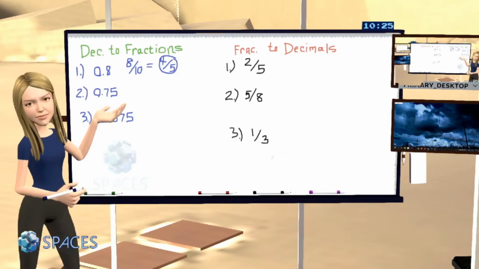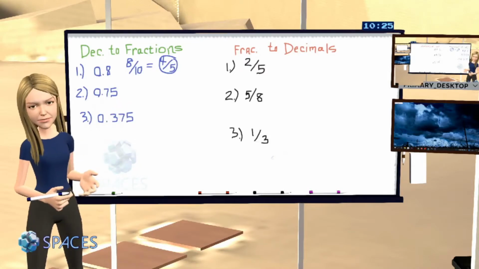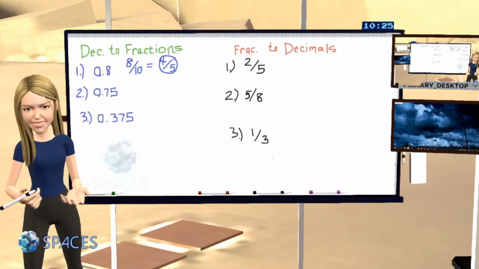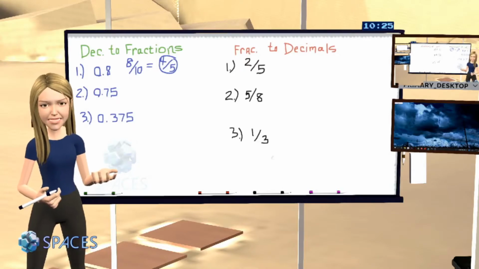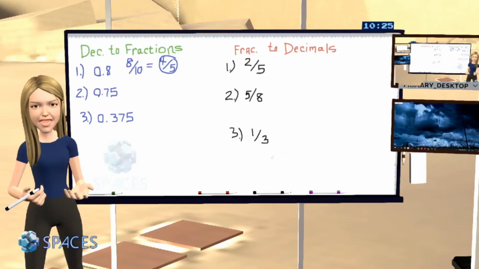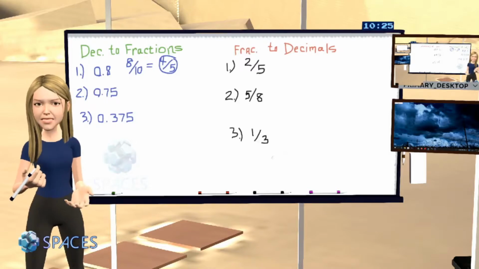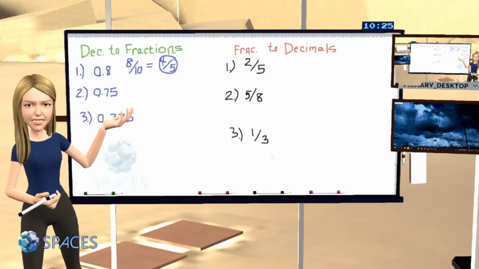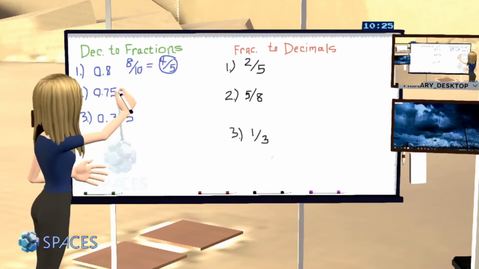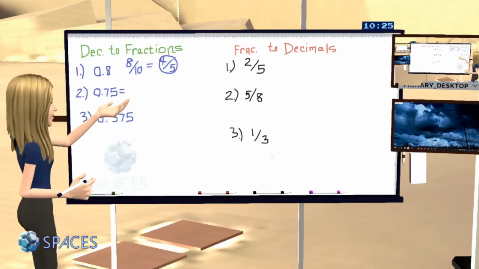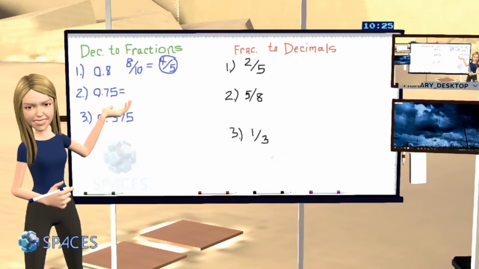Number 2: 0.75. Now again, we always want to think in terms of money, right? So 75 cents of $1. How many quarters are in $1? 4. So 75 cents would be how many quarters? 3. So when we're making this into a fraction, let's go step by step.